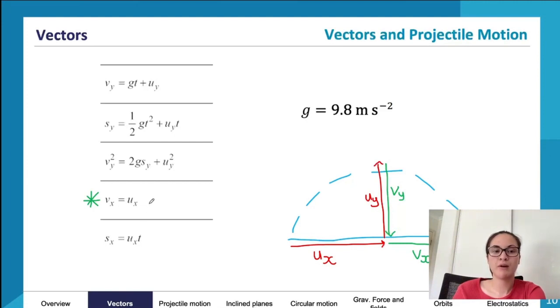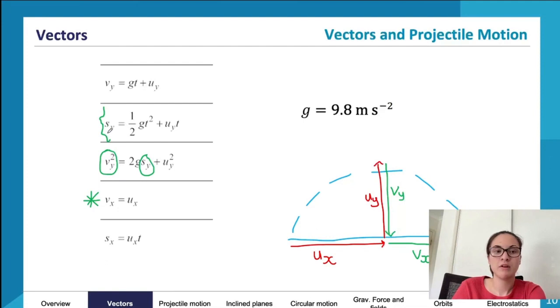Just so you know as well, say you've got a variable that you don't know in one formula, but you can utilize another formula to help you out. Say you're trying to find Vy, but you don't know Sy, so you've got two unknowns. You could always use this one.